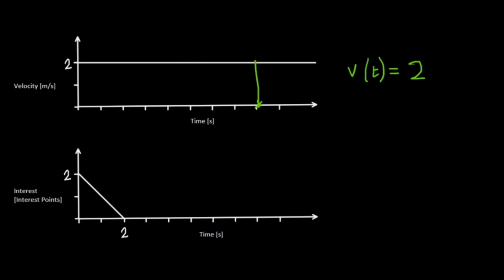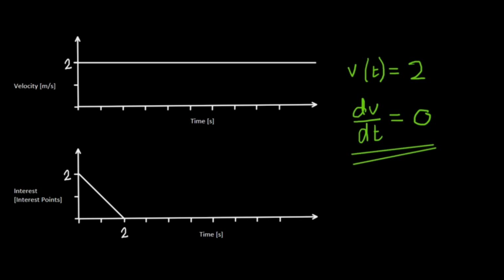Simple enough so far. So let's differentiate this function, v equals 2. Well, we know from earlier that the derivative of any number is 0. So the derivative of v equals 2, dv over dt, rather than dy over dx, since we have v on the y-axis and t on the x-axis, is 0. Well, okay, so the derivative of the car's velocity is 0.